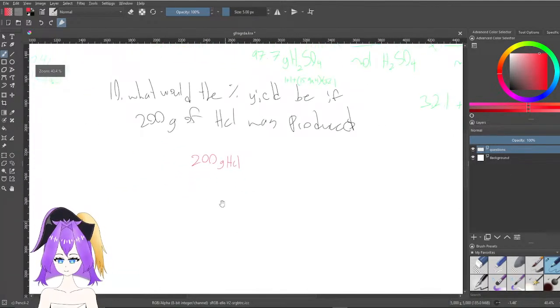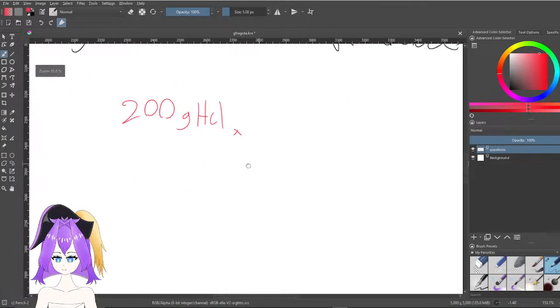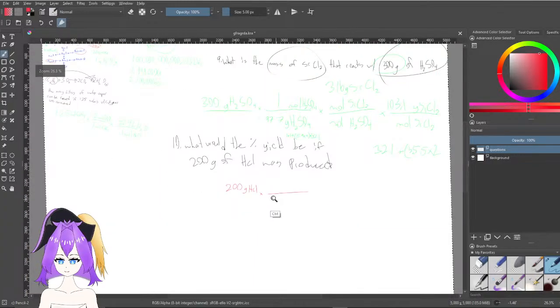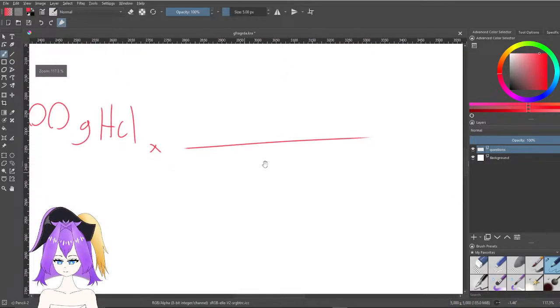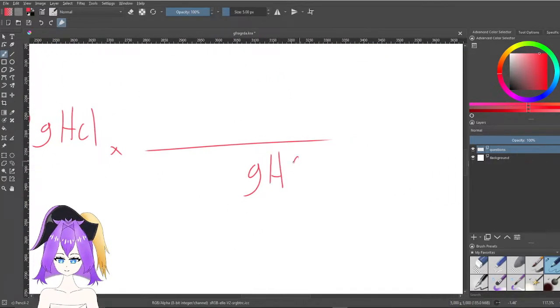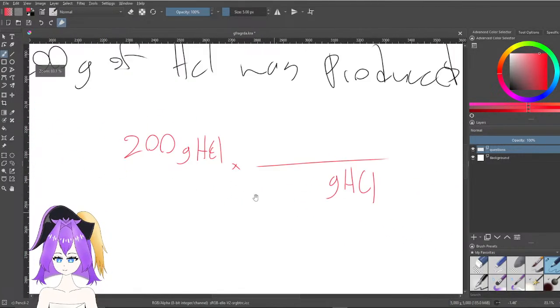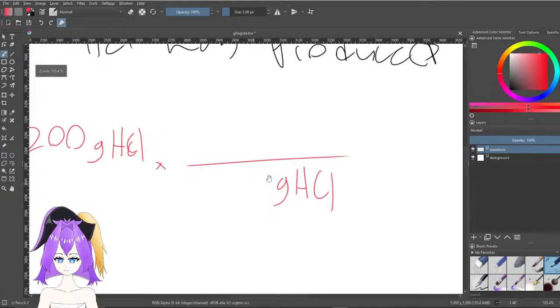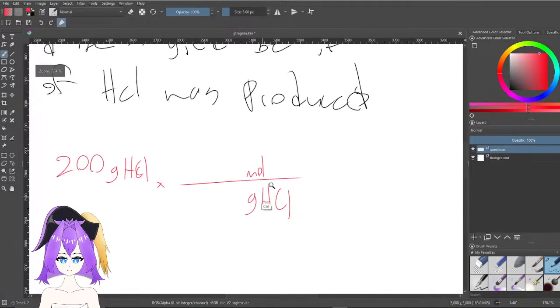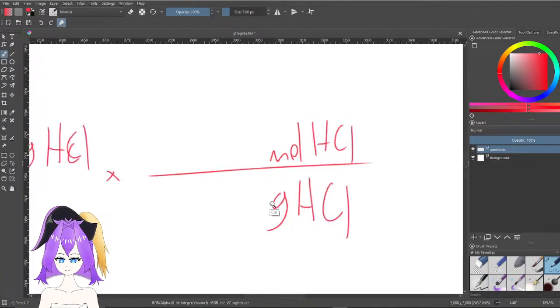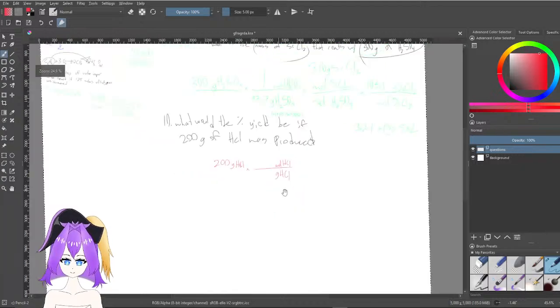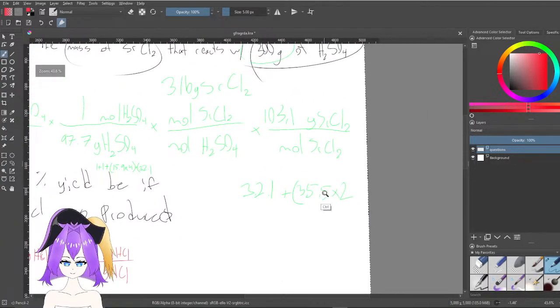Okay, so go hydrogen chloride. Grams to moles. So grams of hydrogen chloride to moles of hydrogen chloride. So hydrogen chloride, 1 plus... chlorine is like 35.5.